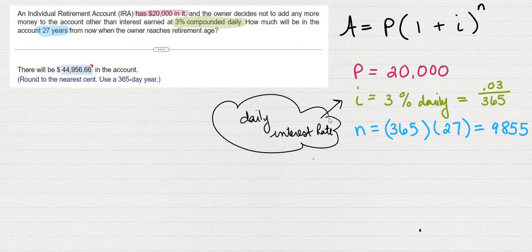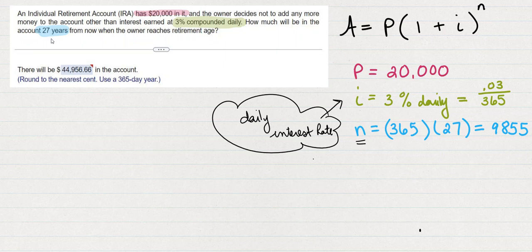And then last, we can use that there's 27 years to determine how many times this interest gets compounded. If it's compounded daily for 27 years, then what N is asking us to determine is how many times that happens.